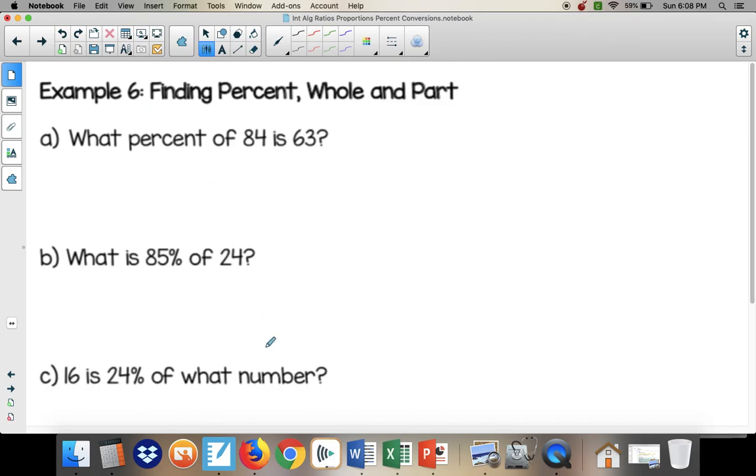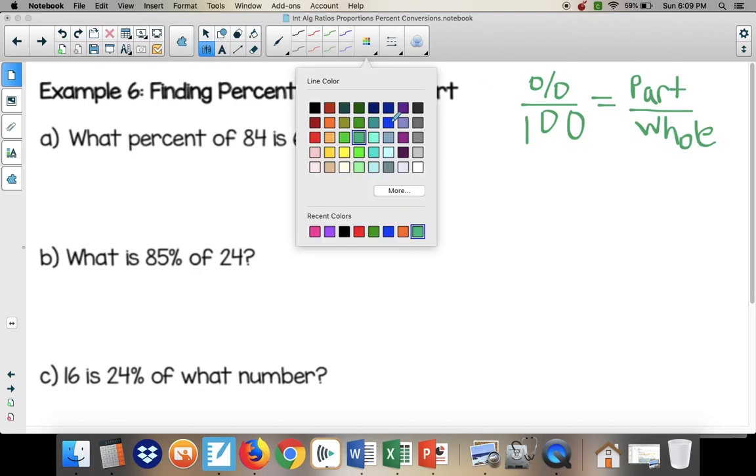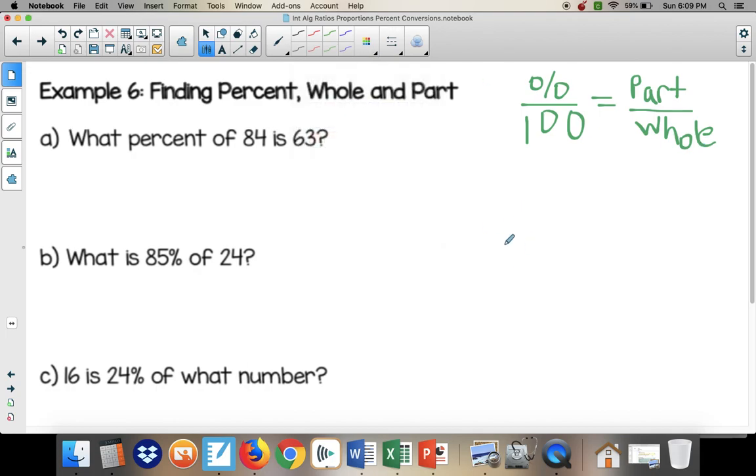All right, we are into percents, and then we are almost done. So percents, you can either do it where you are taking percent out of 100 equals part over whole. The other is called a percent equation.